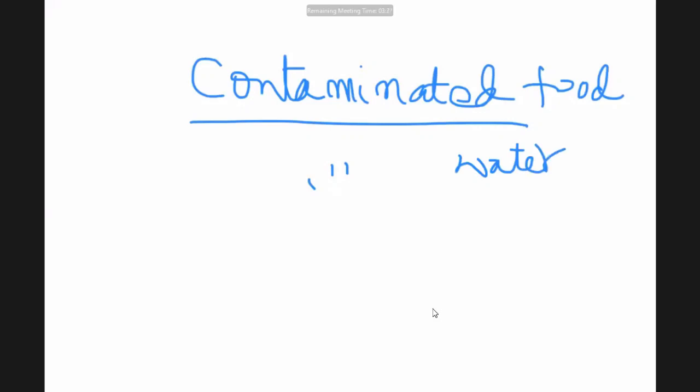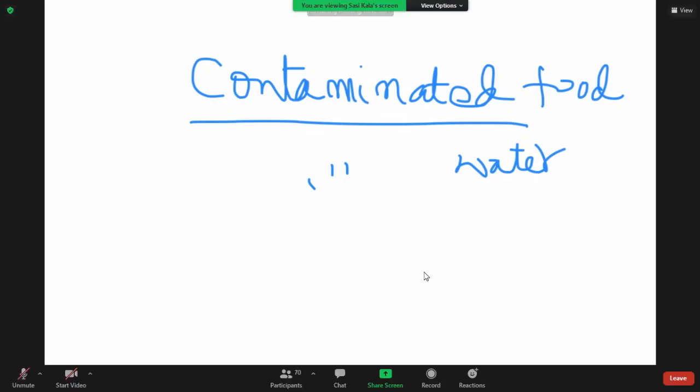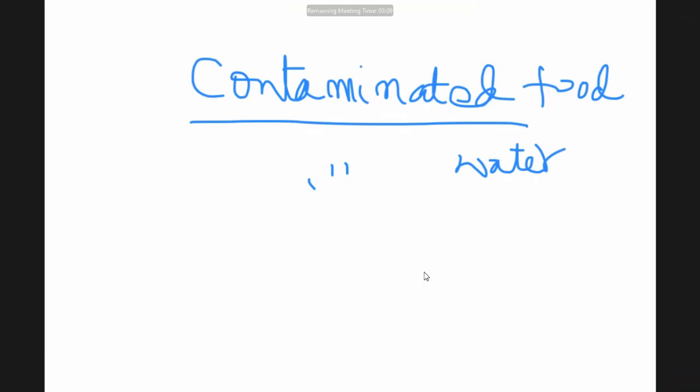So, most parasites find easy entry into the gut, that is the enteron or alimentary canal, by taking contaminated food and water. Okay? That is the mode of transmission.